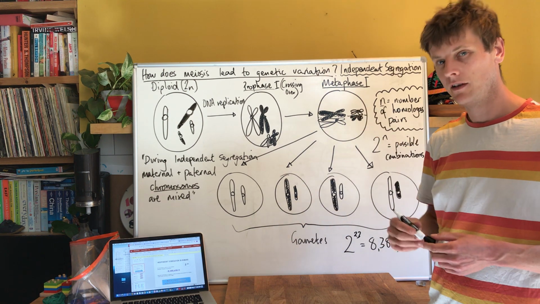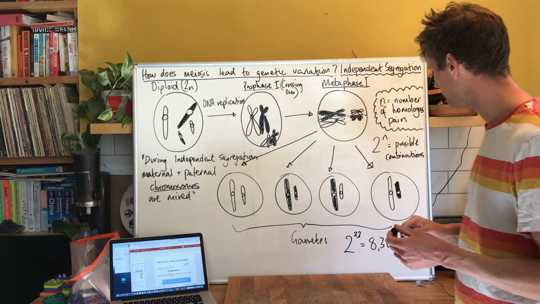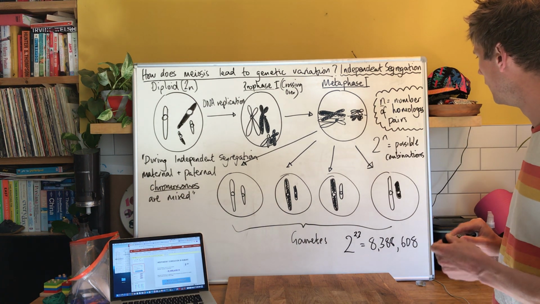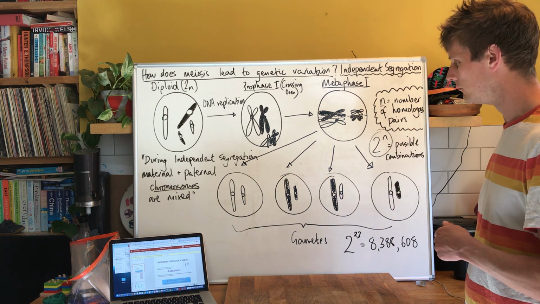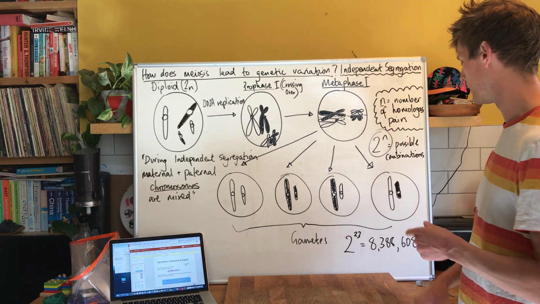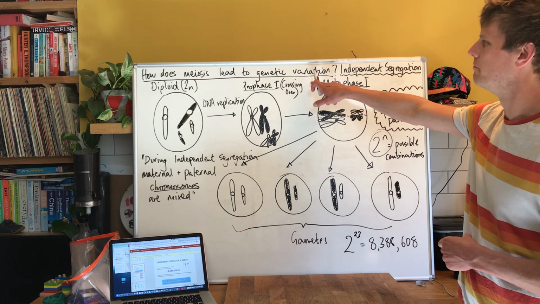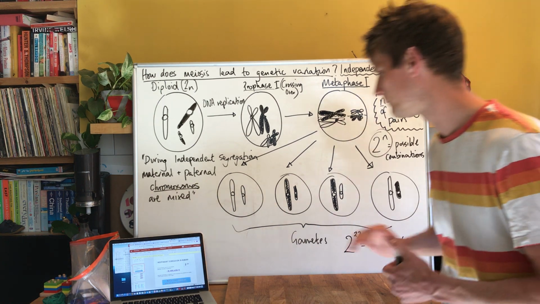Crossing over mixes the maternal and paternal alleles. This is really important for showing all of those possible combinations and giving us this massive number for this genetic variation.